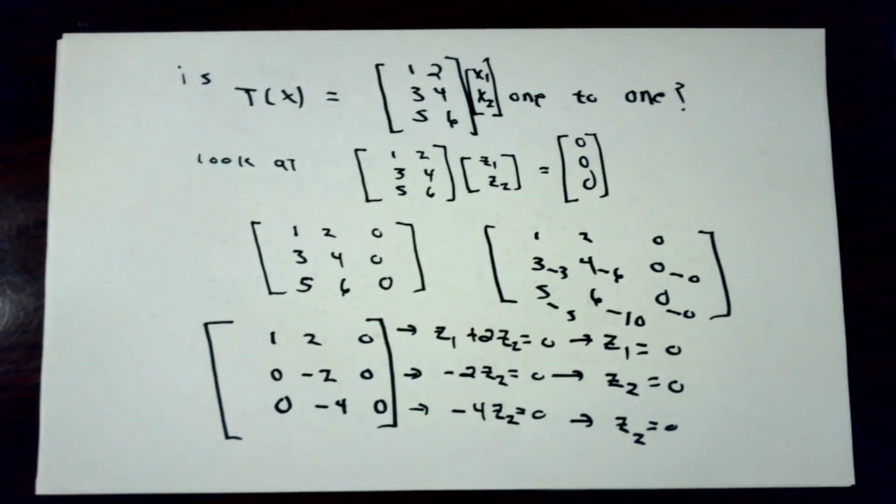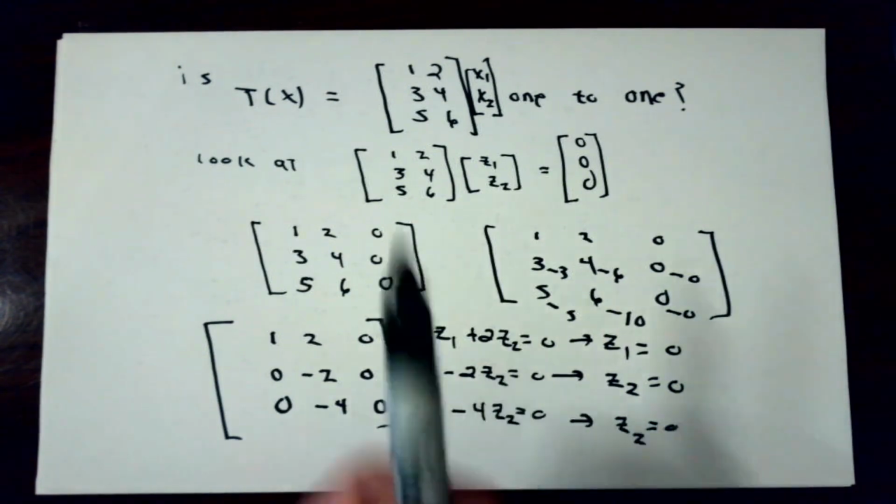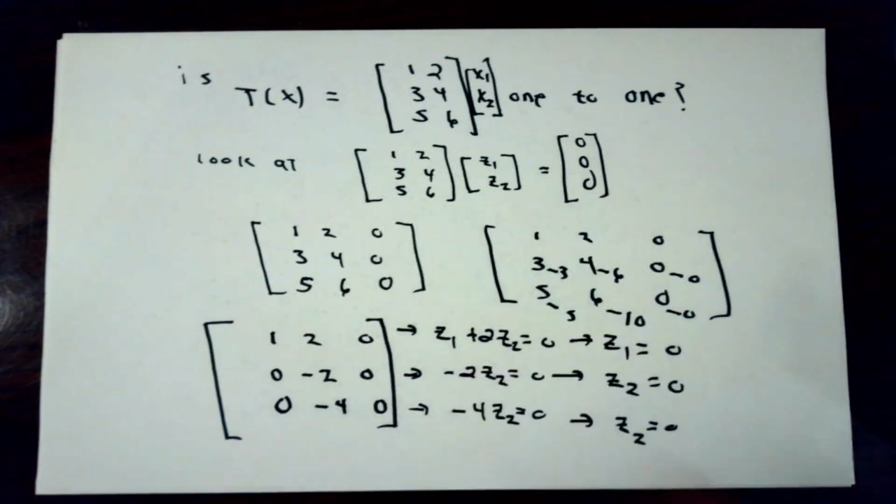Write out the equations as usual, and you will find out that z2 and z1 both have to be 0. The only solution to A times z equals 0 is z equals 0. This tells me that this function is one-to-one.